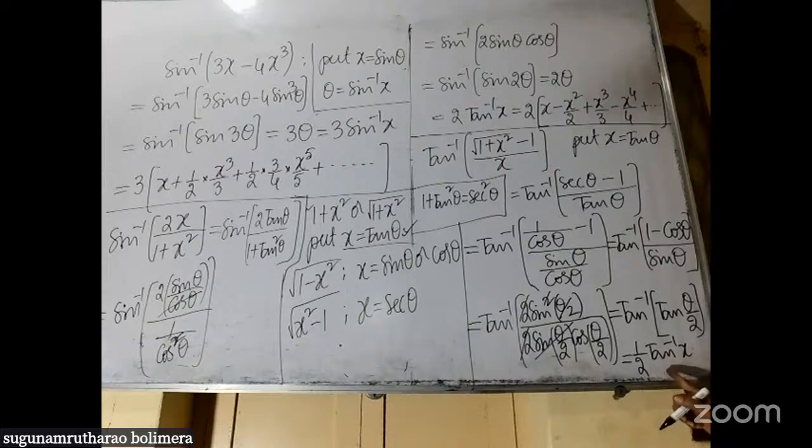Right, expansion of tan inverse x: 1 by 2 into x minus x square by 2 plus x cube by 3 minus x power 4 by 4 and so on.